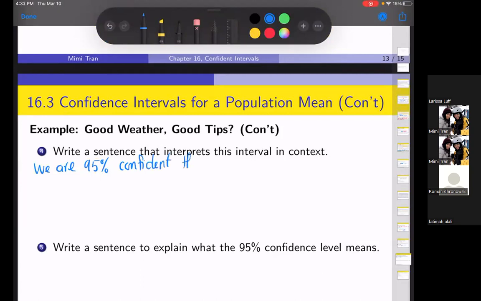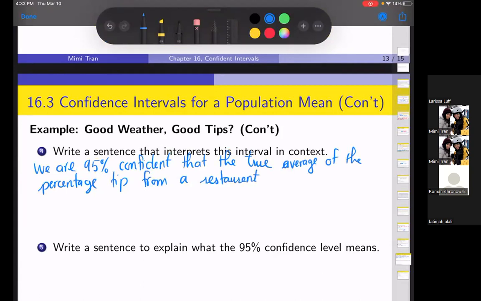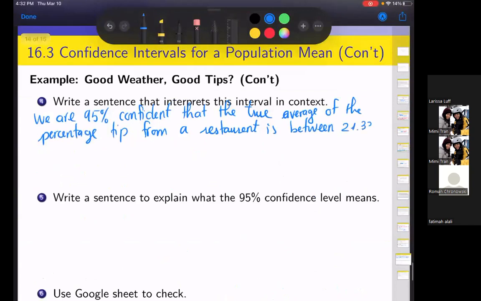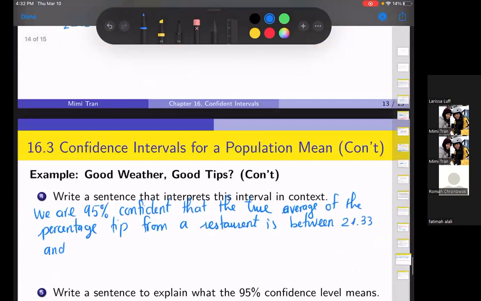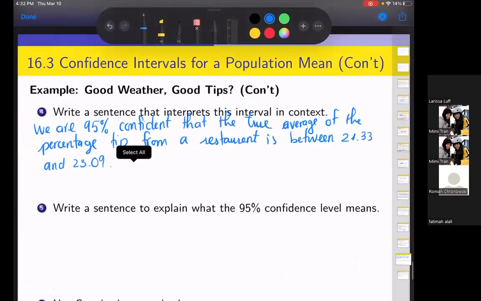Confident that the true average, the population average, same thing, the true average of percentage tip from a restaurant is between 21.33 and 23.09. Simple.